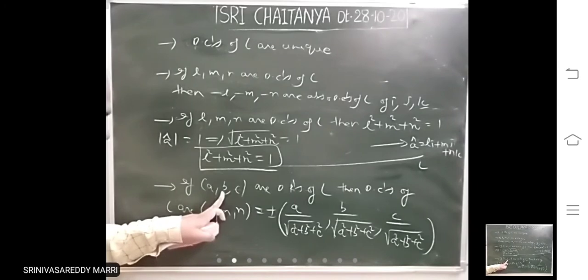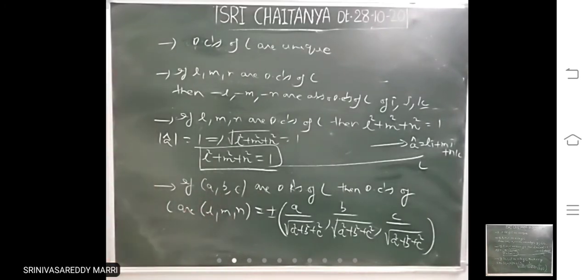If DRs are known, then you can calculate DCs by using this formula.